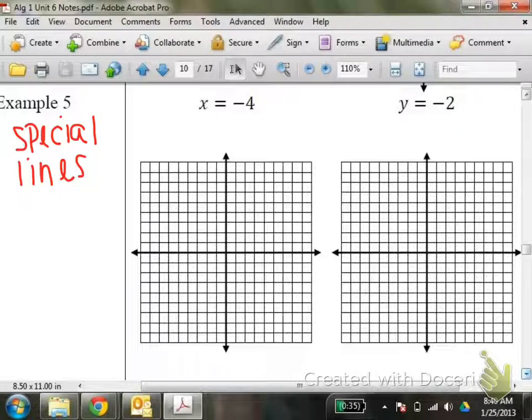Okay, special lines. X equals -4. Let's think about it. There is no y at all. So what do you think the slope of this one is? There's no y at all. Y does not show up ever.